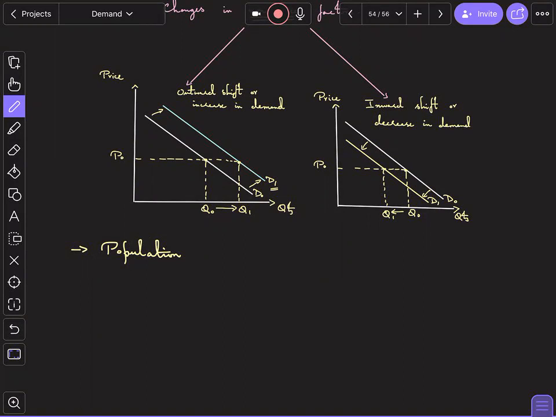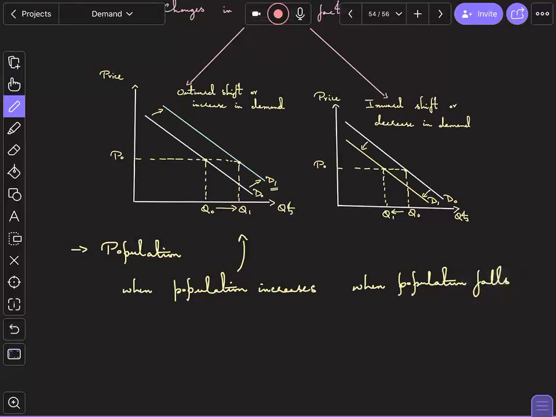But if there is a fall in the population, like if there is outward migration, people leaving the country, then the demand will shift inwards. When population increases, the demand will shift outwards. When population decreases, the demand will shift backwards.